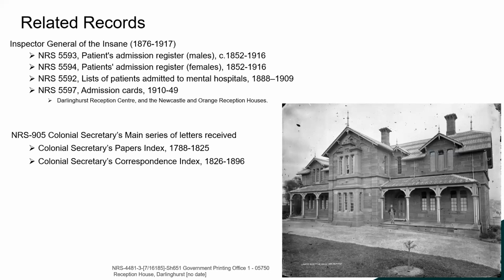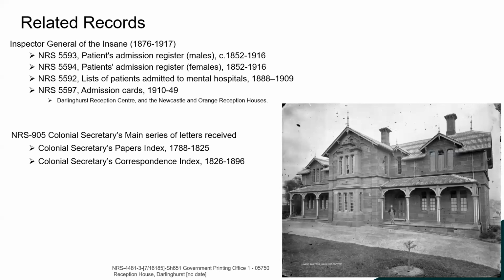So reception houses were more of an observation ward. Patients were assessed, and if necessary, they were then transferred on to another mental health facility from that time. So that's another good way you can get into the records if you're not sure of the facility a person was in. As always, I would always say the Colonial Secretary's correspondence, particularly obviously for the 19th century.